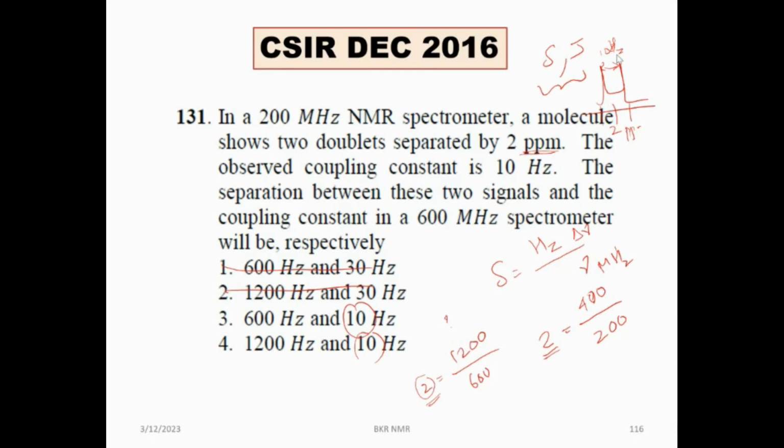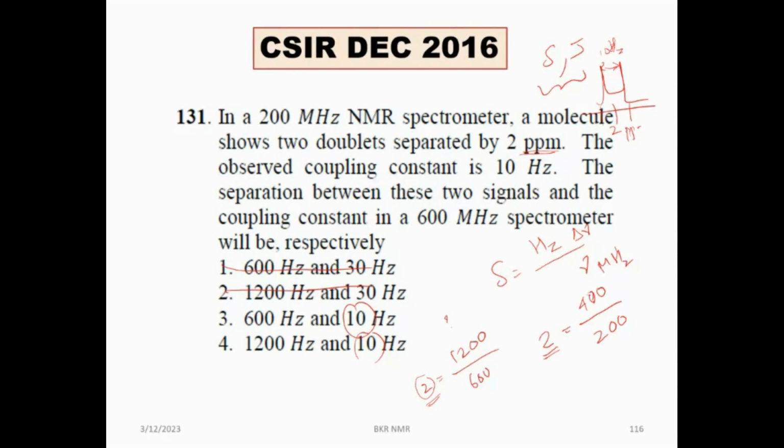The difference is that when recording on an instrument, the separation of the lines changes, but the separation of the multiplet never changes. That will always remain the same. That you should keep in mind. Never forget that the distance between the lines of the multiplet is always the same.